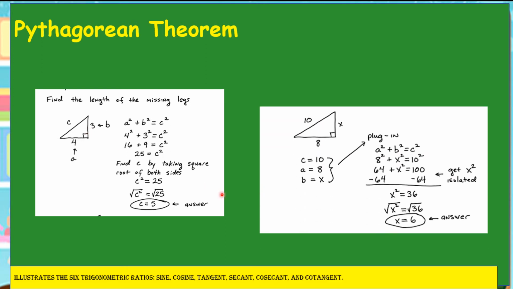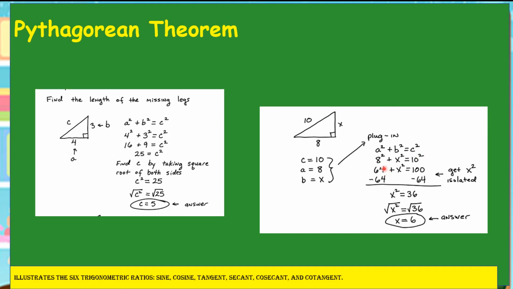Another example: in this figure, we have the value of c equal to 10, the value of a equal to 8, and the value of b equal to x, the unknown. In this case, we use the formula a squared plus b squared equals c squared.